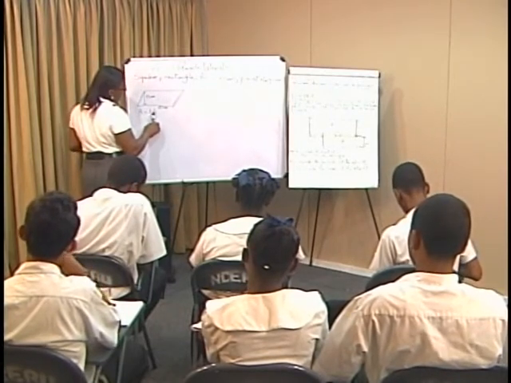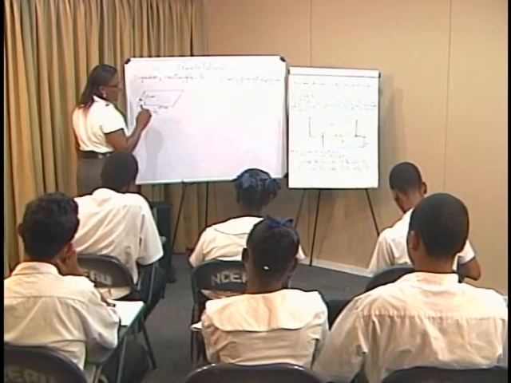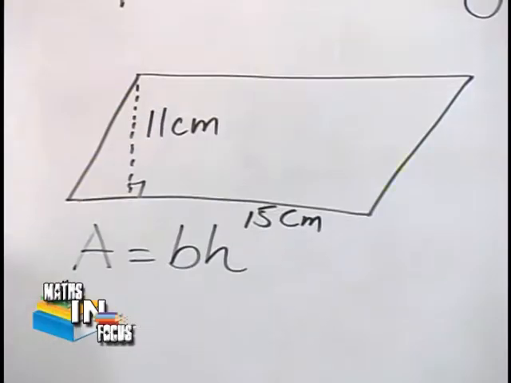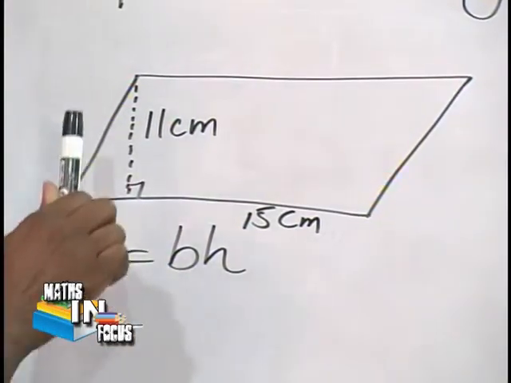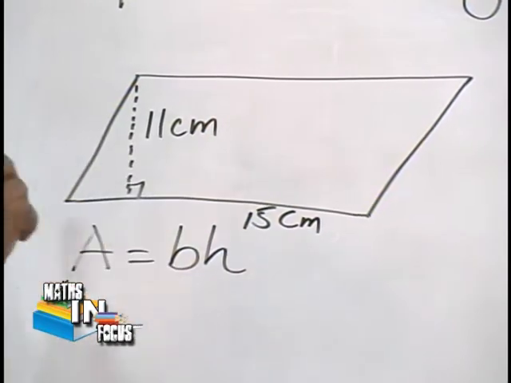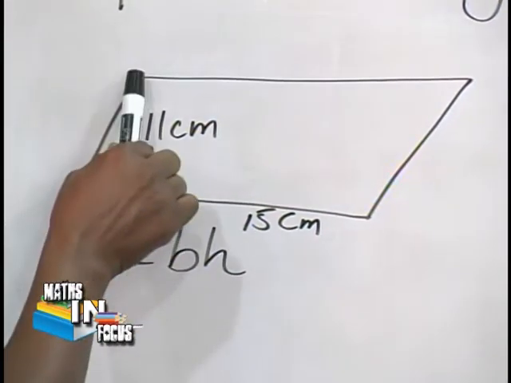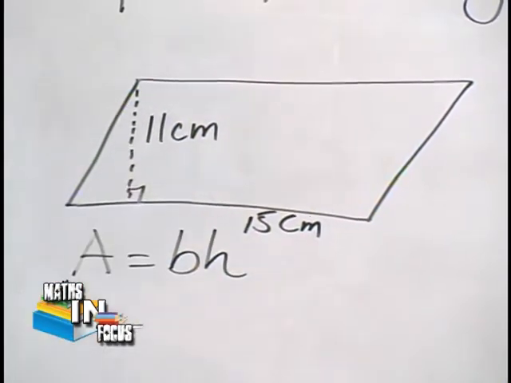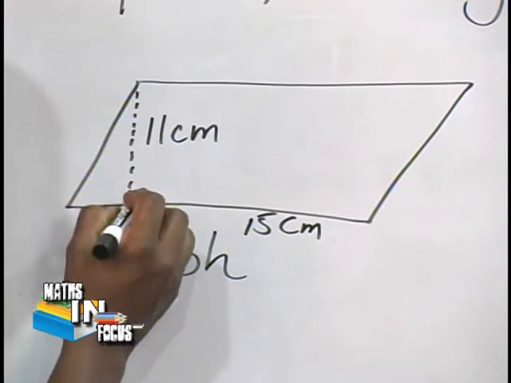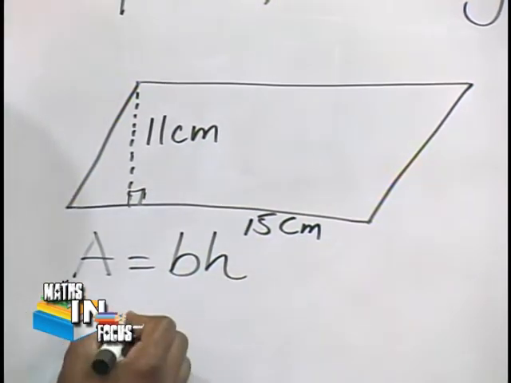But when you see this H here, this H is not just any H. This H is the perpendicular height of the parallelogram, which is equivalent to the width or the breadth of the rectangle. Okay? Now you have to see this perpendicular here. Good. Now let's substitute.